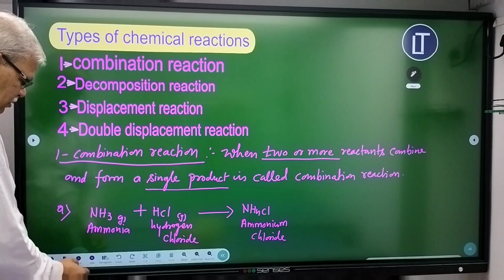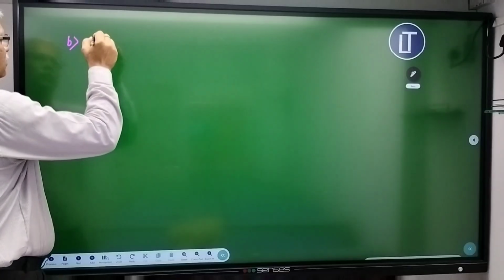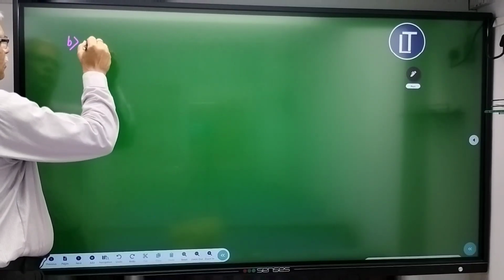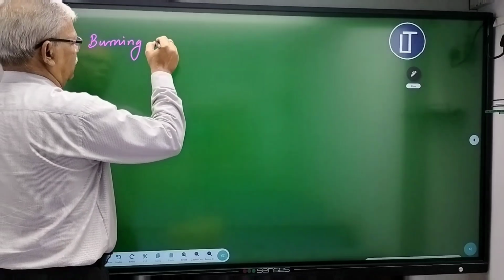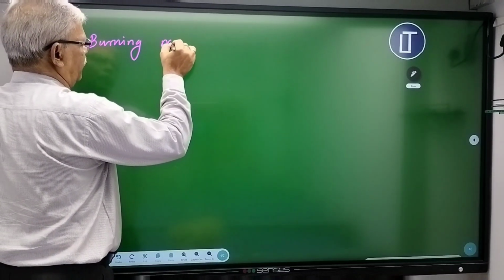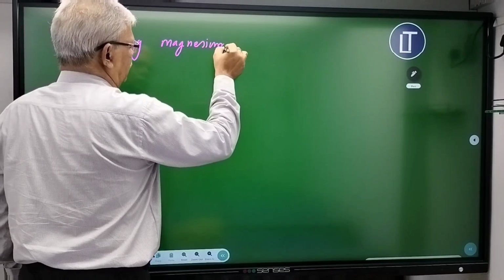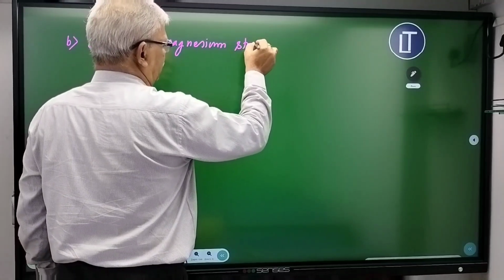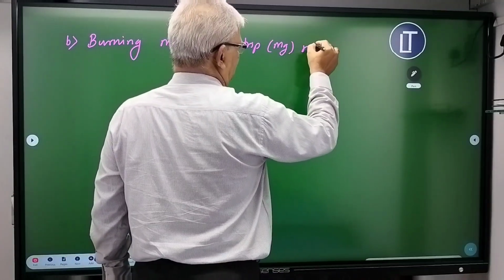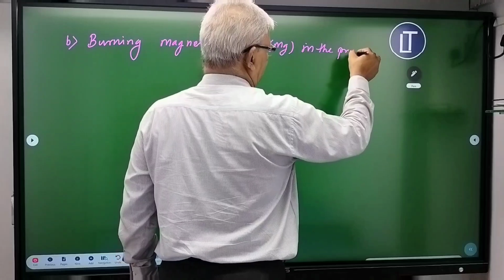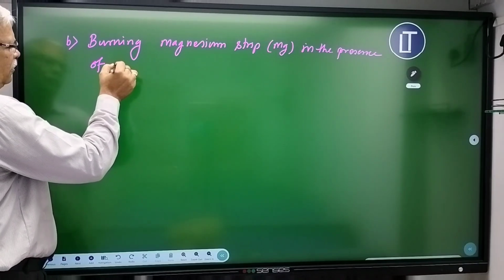Next, burning a magnesium strip, Mg, in the presence of oxygen.